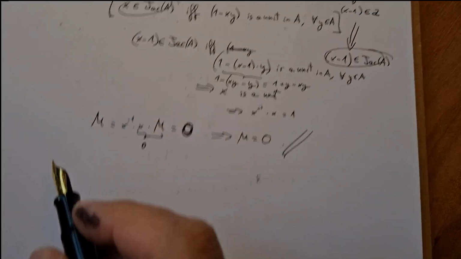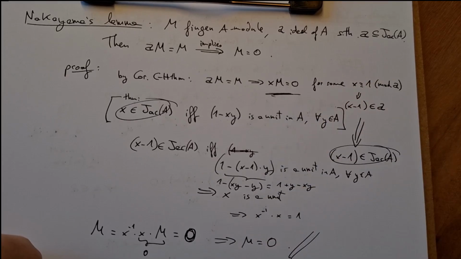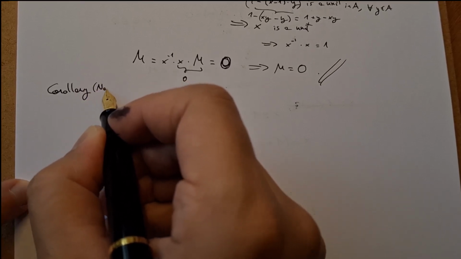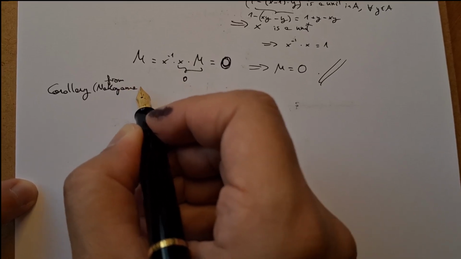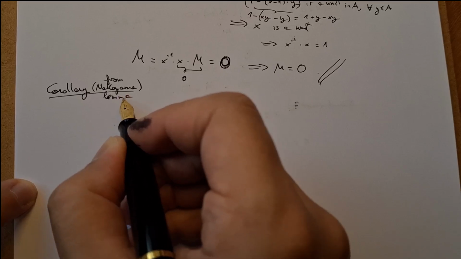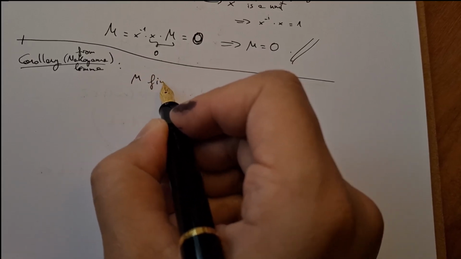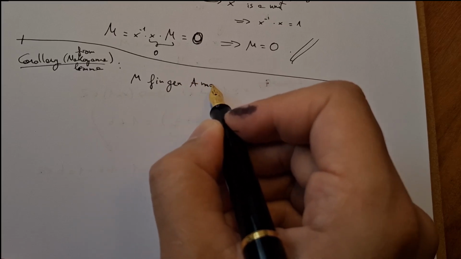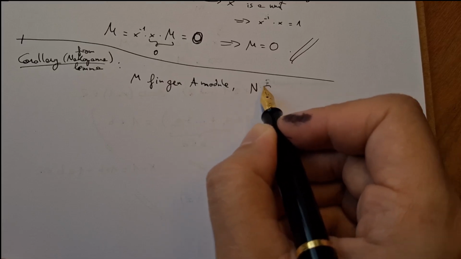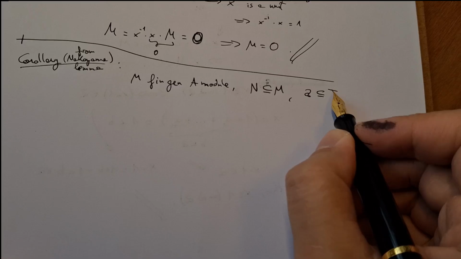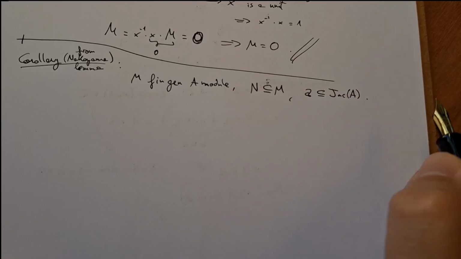Now, once we know the Nakayama's lemma, there is a corollary that we can also conclude, which states that for, again, M, a finitely generated module, let N be a submodule of M, and again, A an ideal, which is like a Jacobson radical of A, so it's an ideal.